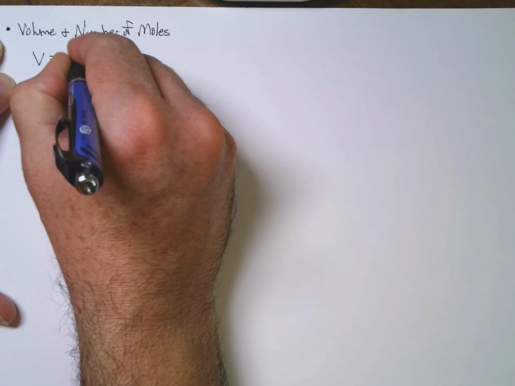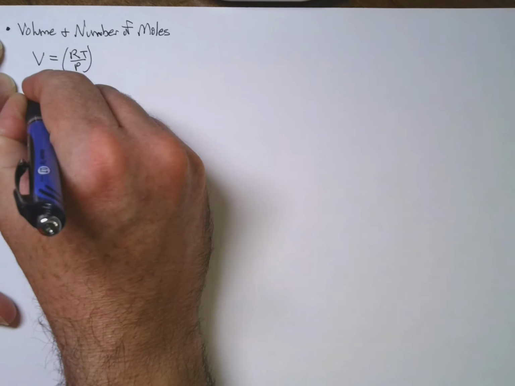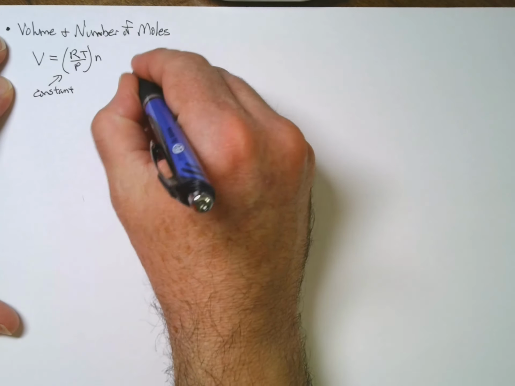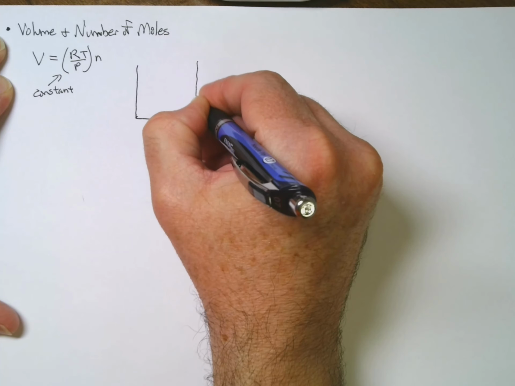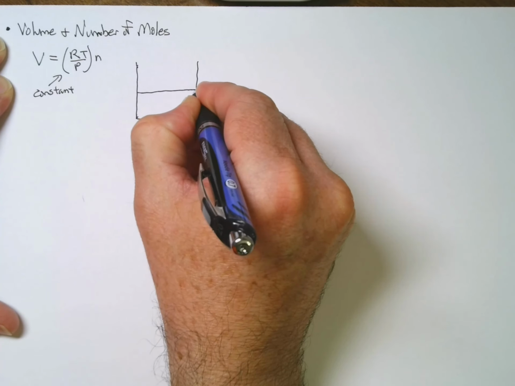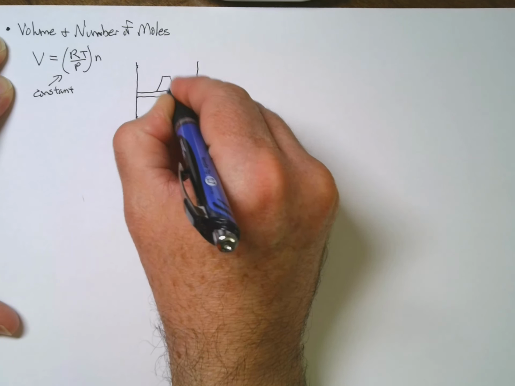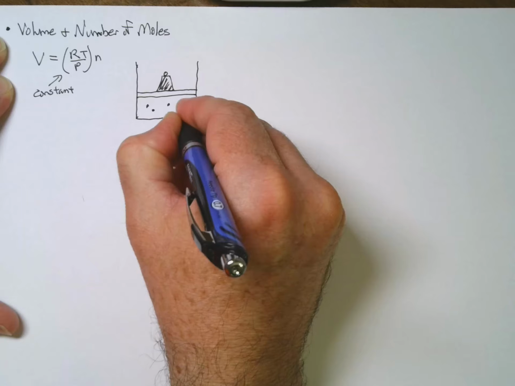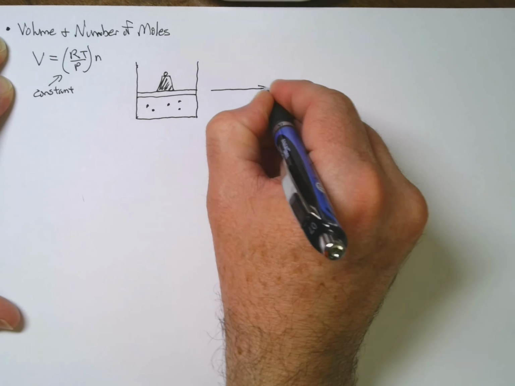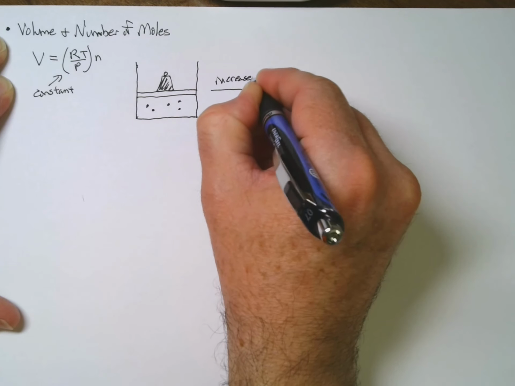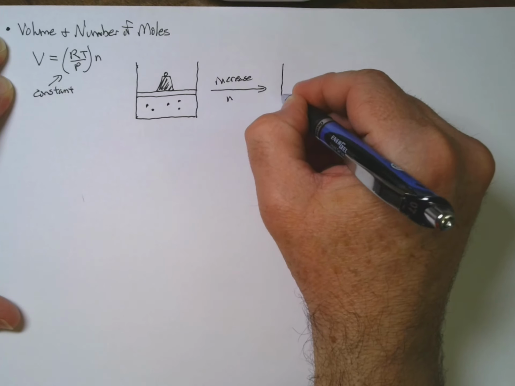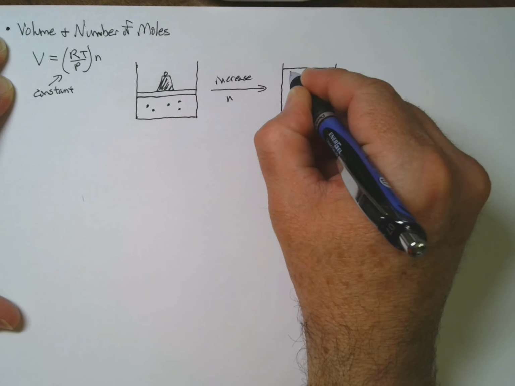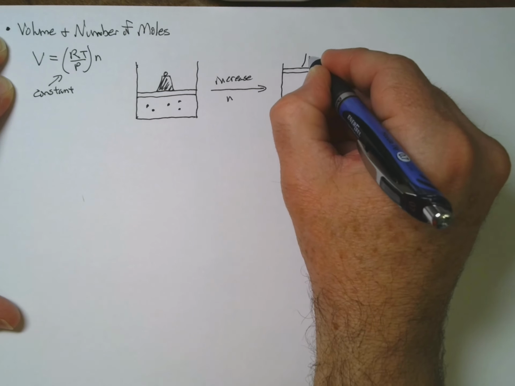So V equals RT over P, that's our constant, times N. And so if we have our piston here, and we have our particles, if we increase N, we see that our volume has to increase in order to maintain pressure or keep pressure constant.